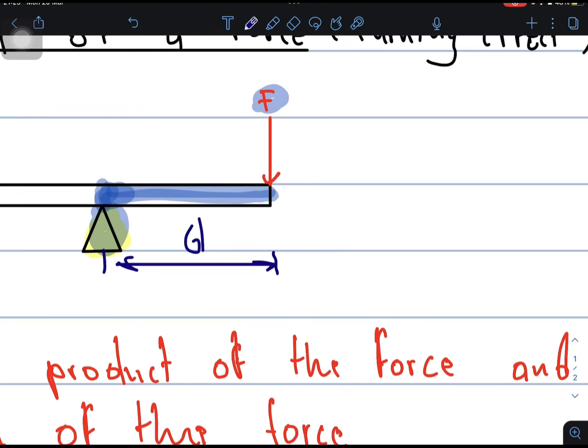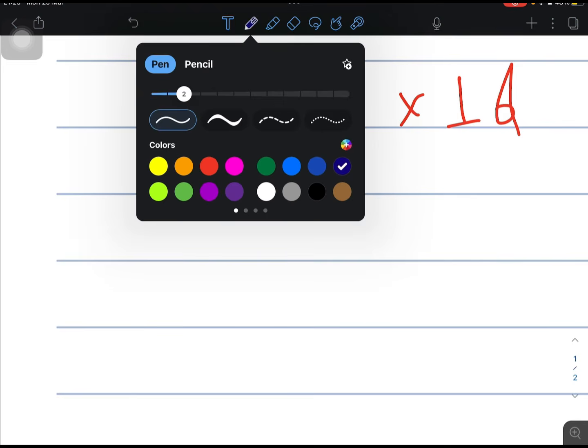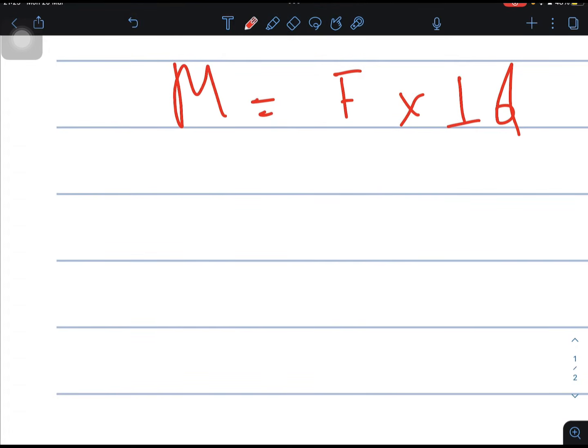Okay. Then secondly, moments. We are obviously not going to be dealing with one force only. The second thing we should know with moments is the law.